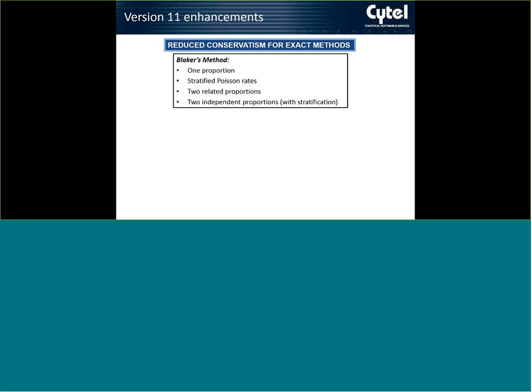This is based on a paper that was published by Dr. Blaker back in 2000. The reference is available in the StatXact user manual, or you can ask me for it if you'd like.